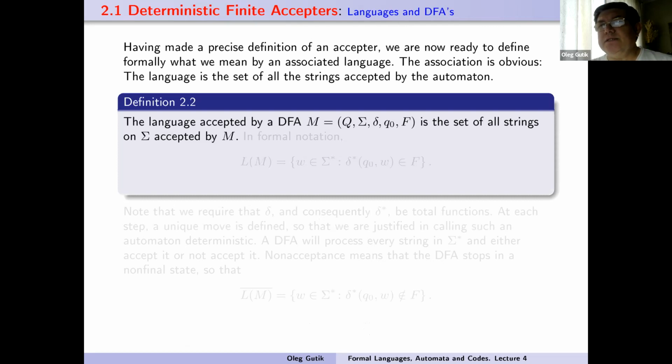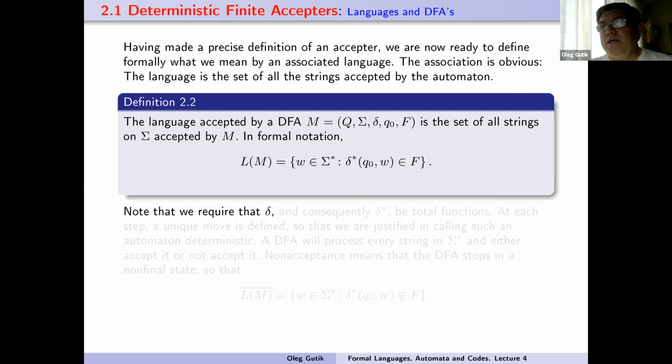Definition: the language accepted by a deterministic finite acceptor M is the set of all strings on sigma accepted by M. In formal notation, the language accepted by the DFA M consists of those words W such that delta star of Q0, W belongs to F.